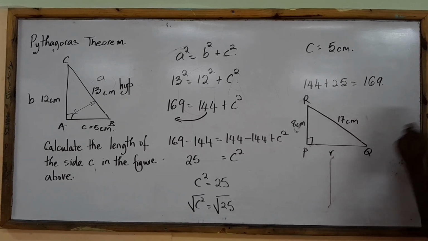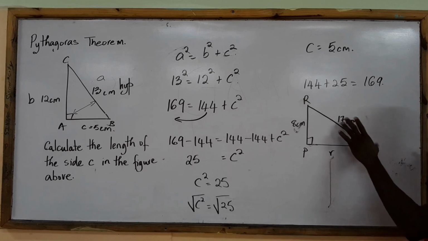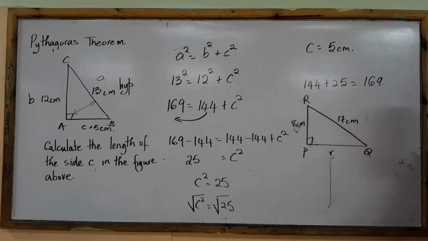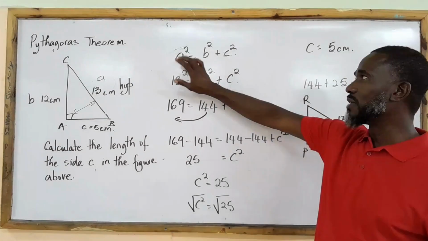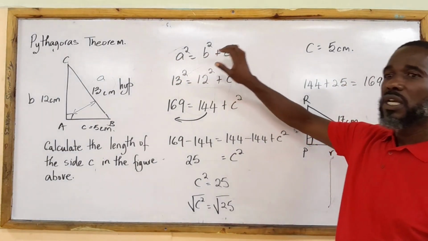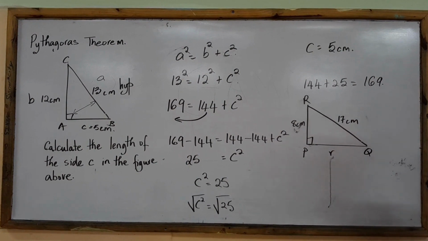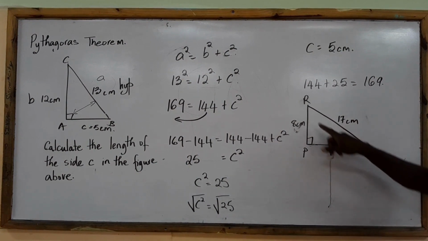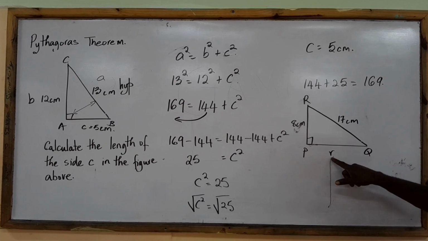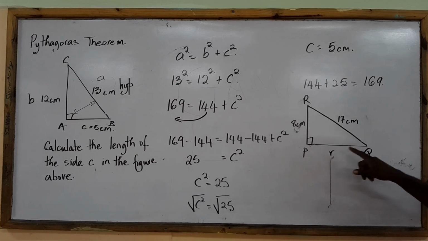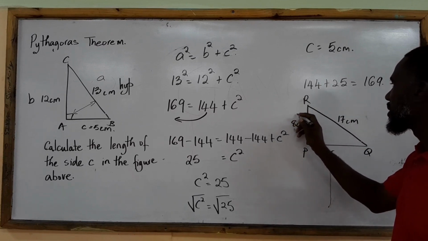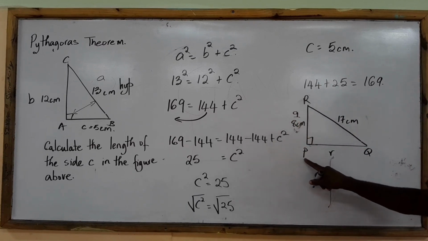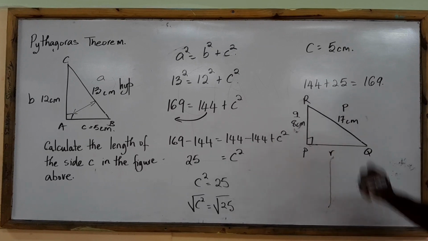Now, if we apply Pythagoras' Theorem, I use different letters because I don't want you to get caught up in the fact that it must always be a squared is equal to b squared plus c squared. If this is angle r, then this side is side r. If this is angle q, then this side is side q. And if this is angle p, then this is side p.